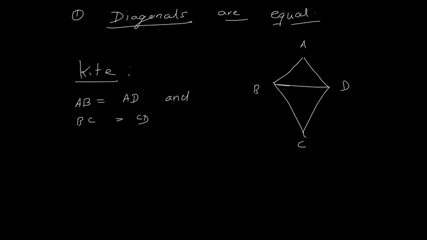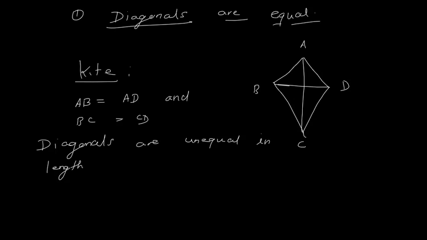BD and AC. Now diagonals are of unequal length. Here diagonals are unequal in length, and larger diagonal bisects the smaller diagonal.